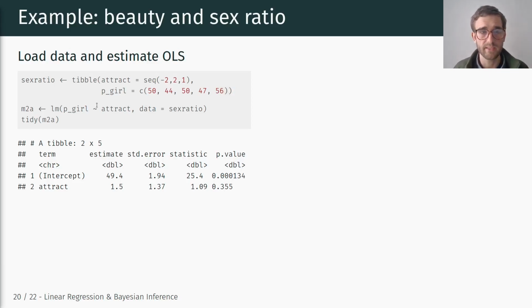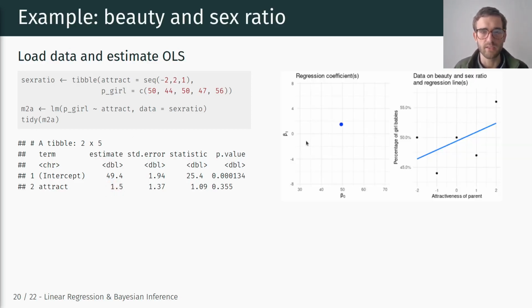And we can run a basic linear regression with these 5 data points with, of course, the percentage of girls as the dependent variable, or the outcome variable, and the attractiveness score of parents as the predictor, okay? And we can see, including the point estimate on our left side and the fitted line on our right side, that the point estimate suggests a positive relationship.